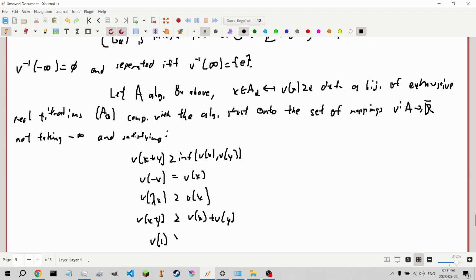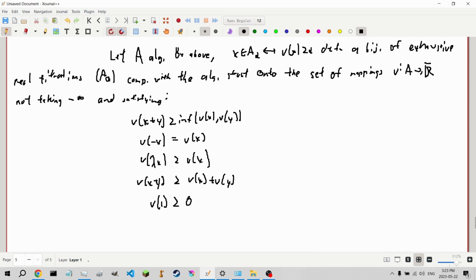And V of 1 is at least 0. We also know that if V is not everywhere positive infinity, we get that V of 1 is equal to 0.